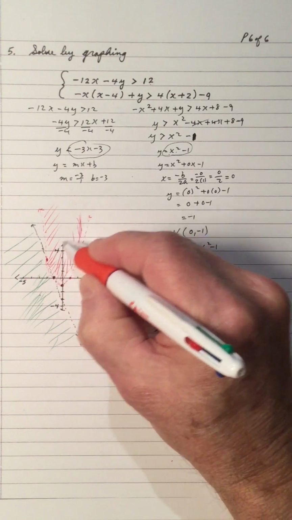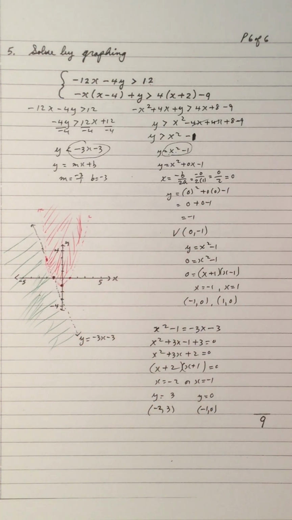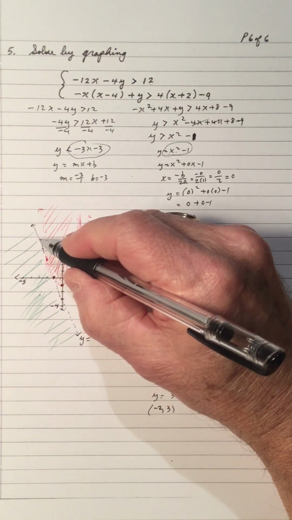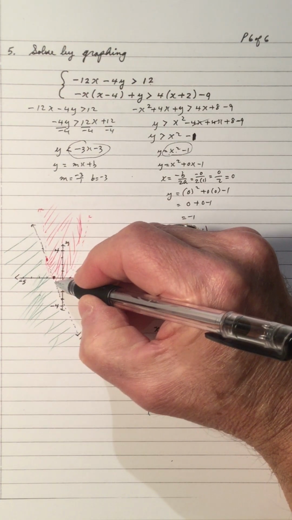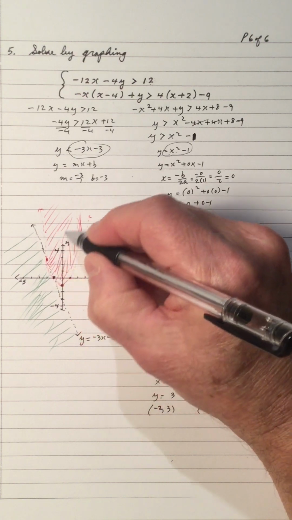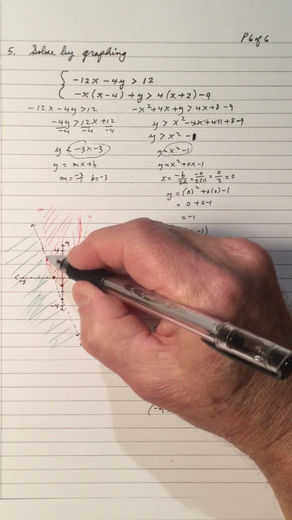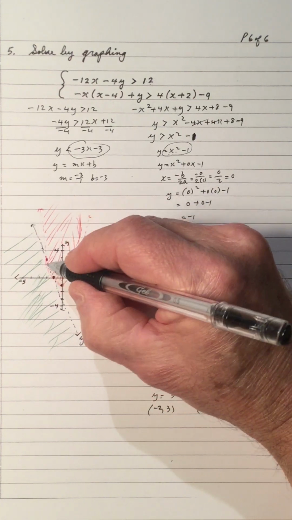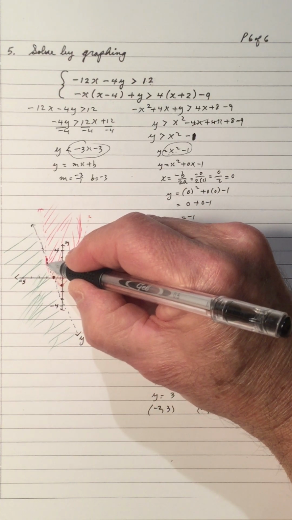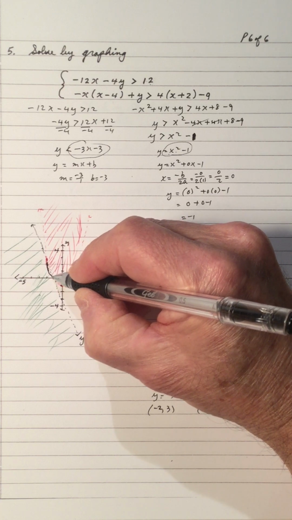There it is. So the solution is all the points below this line and all the points, if you want to say, inside of this parabola here. So that means that the solution is this shaded region right here.